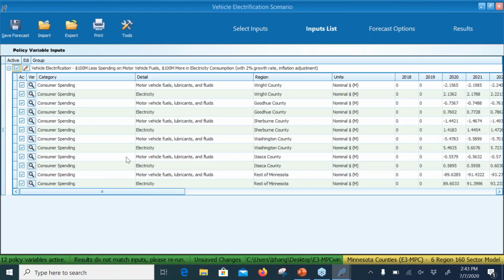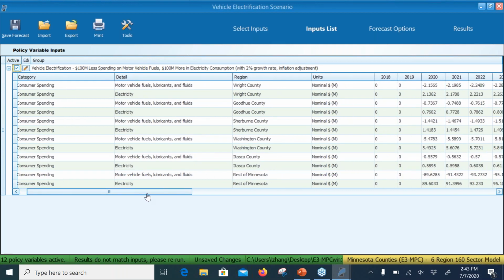And so, here's how we're modeling this: consumer spending. Consumer spending in each of these regions is increasing for electricity to the total sum of 100 million, and it's decreasing for motor vehicle fuels, lubricants, and fluids to the sum of negative 100 million.